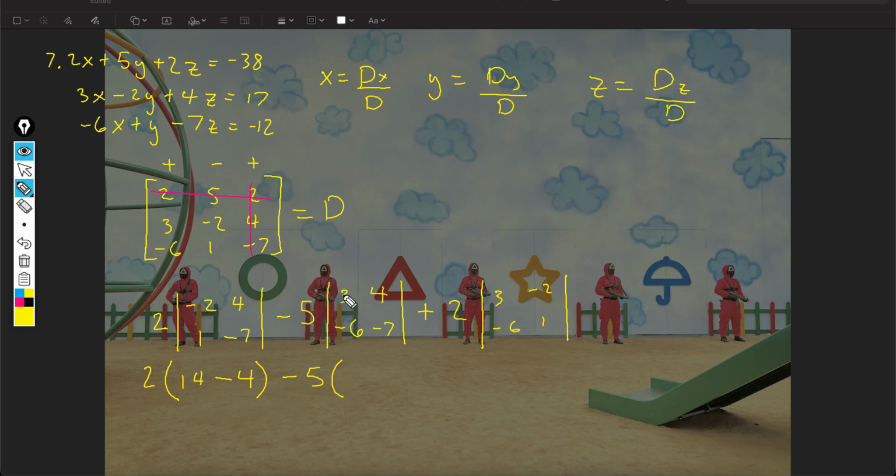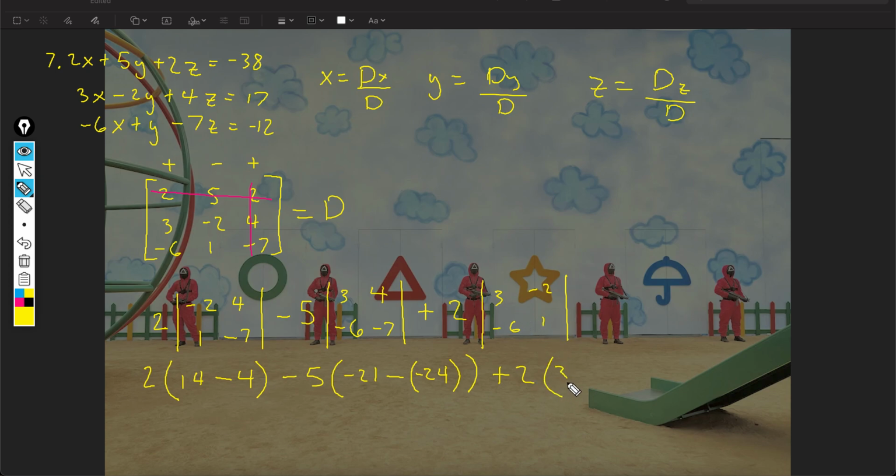Open parenthesis. 3 times negative 7 gives us negative 21 minus, what is this? 4 times negative 6 gives us negative 24. Close that.